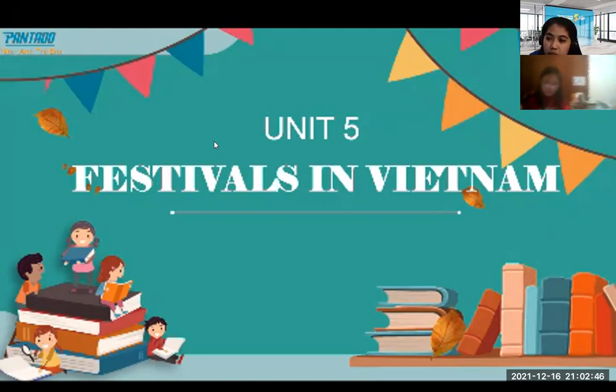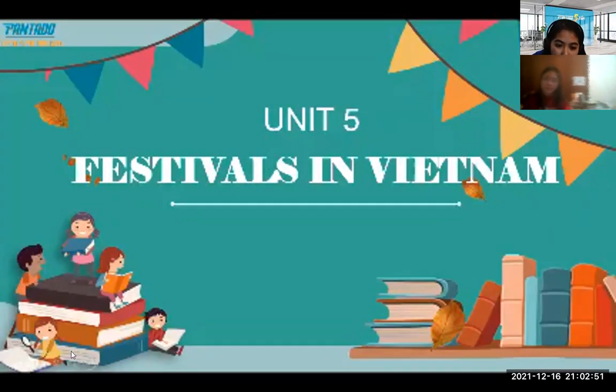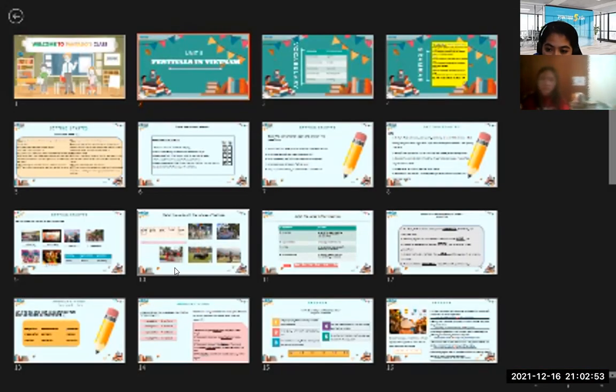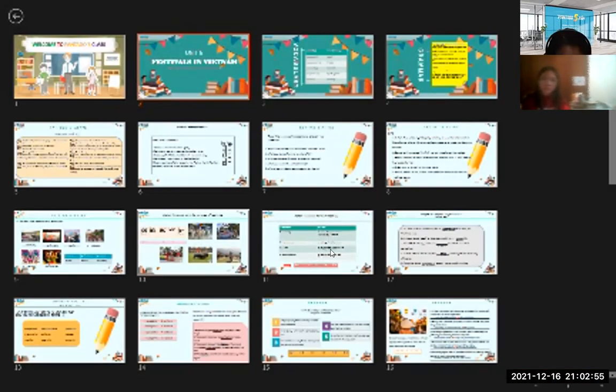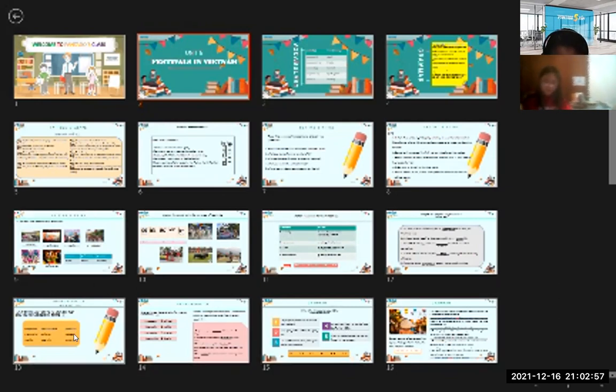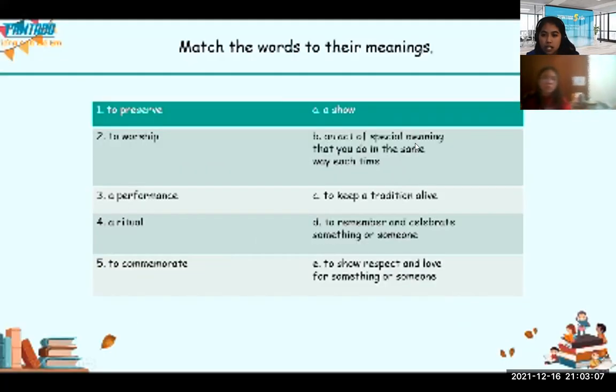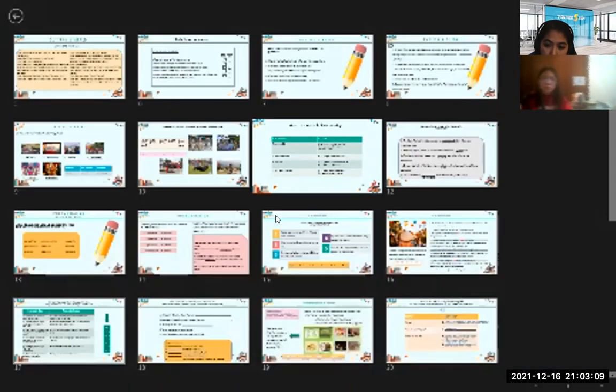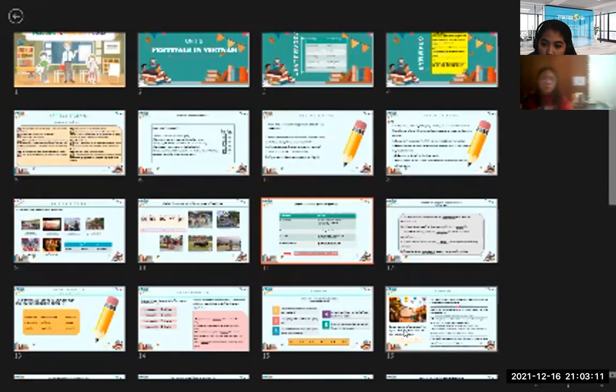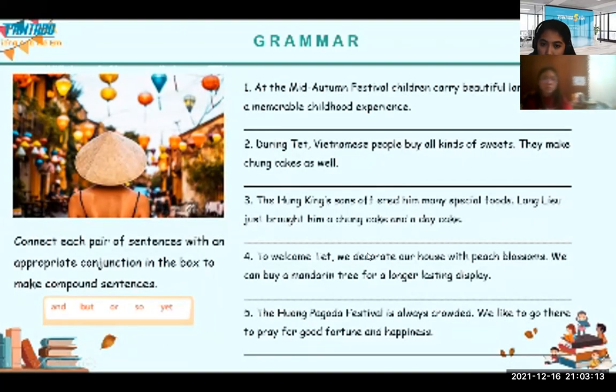Okay, can you see my screen? Can you still remember where we ended last time? Let me check here. Slide 16. Last time we ended up in this one, right, Ngok?